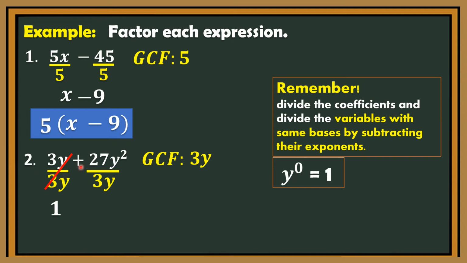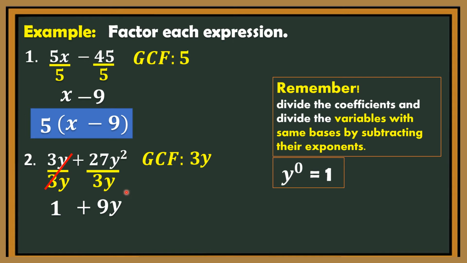Next, 27 divided by 3 is positive 9. Y squared divided by y, same variable, subtract the exponents. 2 minus 1 is 1. Therefore, we will have now y.